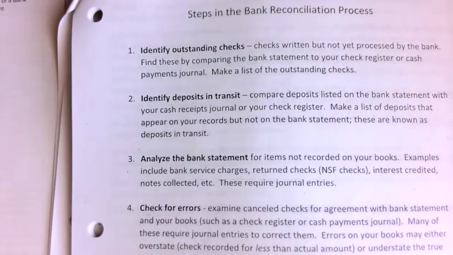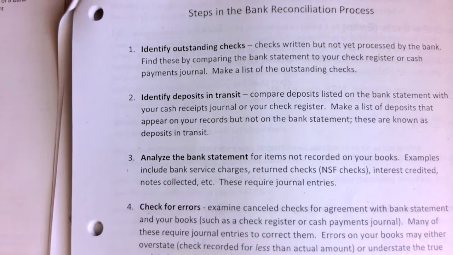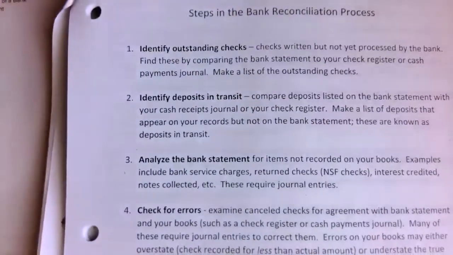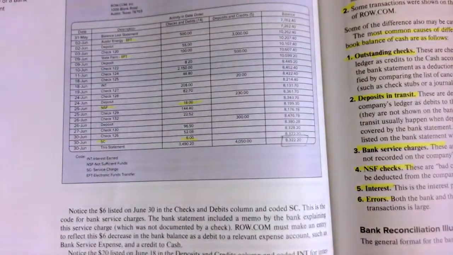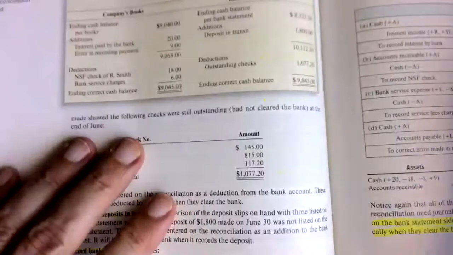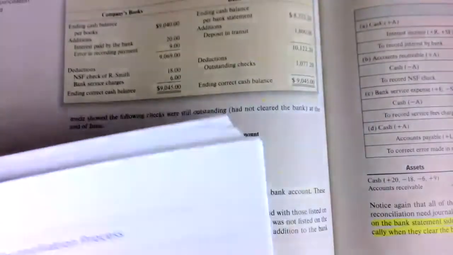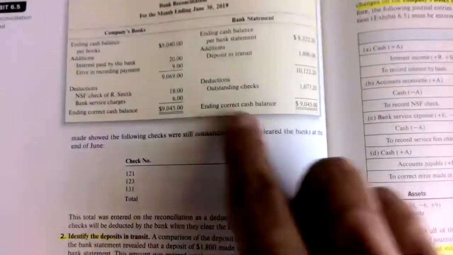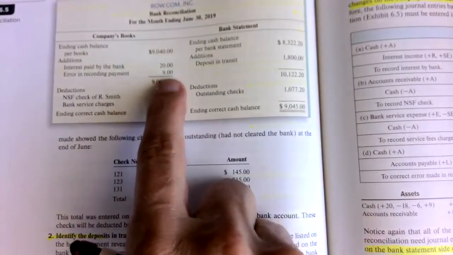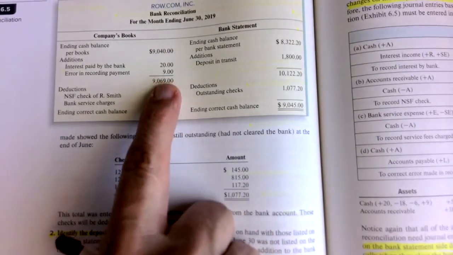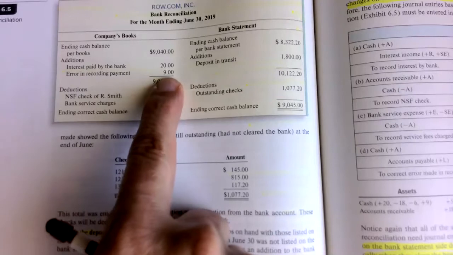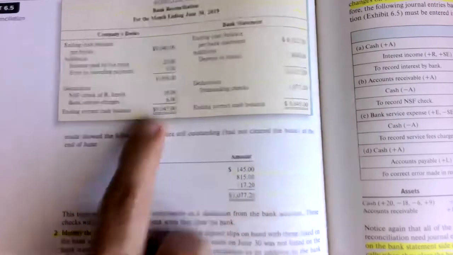Then check for errors. They do give you an example in the book. There's a $9 error. They wrote a check for $100, but recorded it on their books as 109. So we'd have to add back $9. That gets a little confusing. They do show you here, this is page 310. They're adding back the $9 because they took out $9 too much. It almost seems counterintuitive, but think about it.